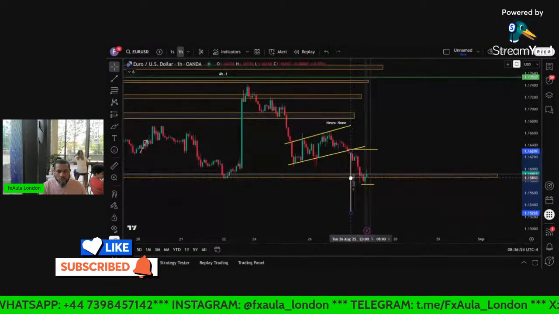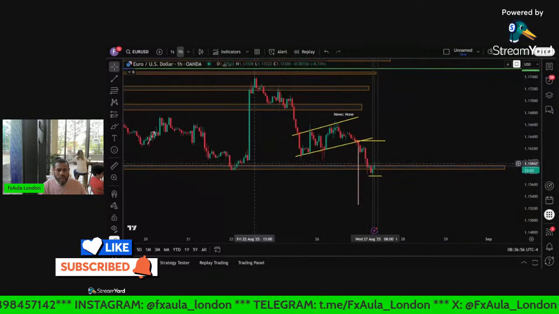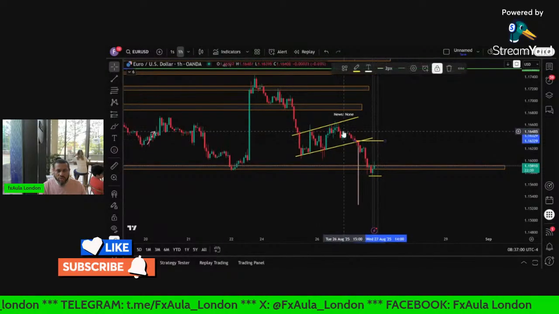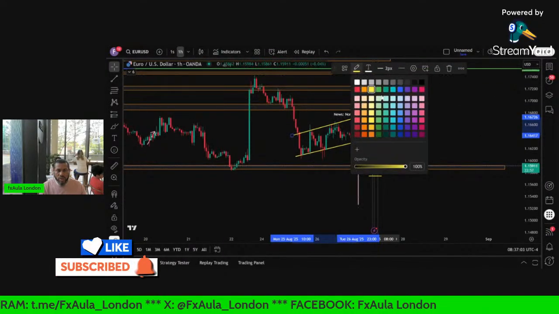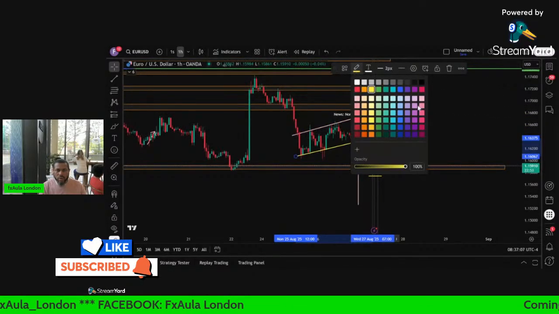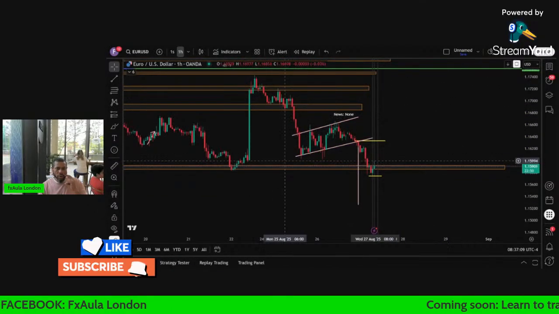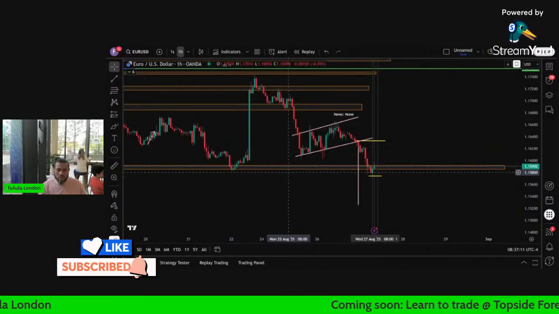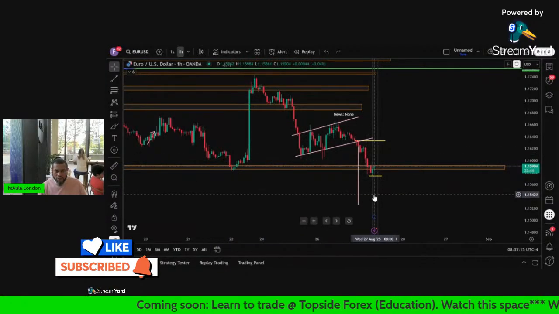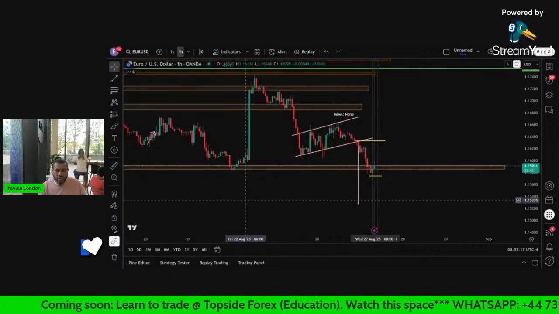If price continues downwards, then we may have a pattern here. Okay, so let's see if that happens. So we may be short biased on the 1 hour.